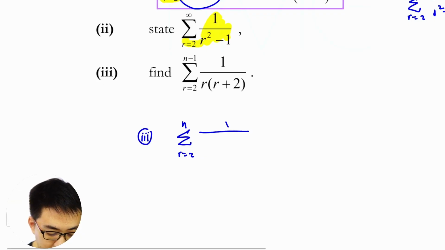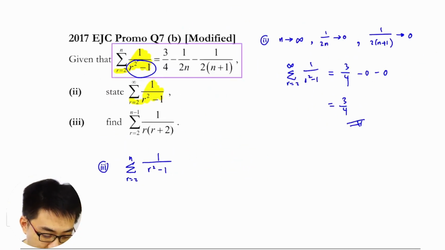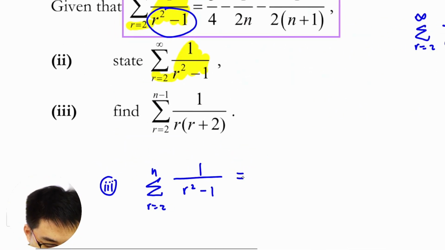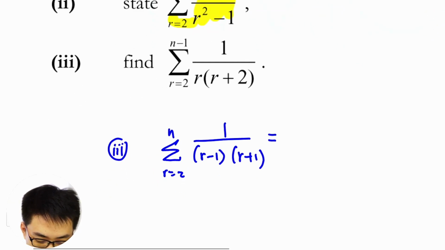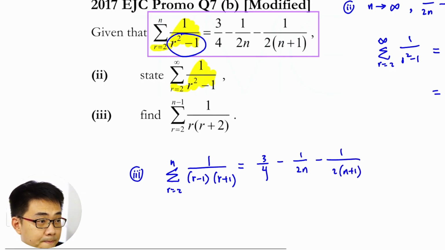So from the question, you get 1 over r squared minus 1, then equals to 1 over r squared minus 1, so this is r minus 1, r plus 1. Then this is 3/4 minus 1 over 2n minus 2n plus 1. Okay, this is right.